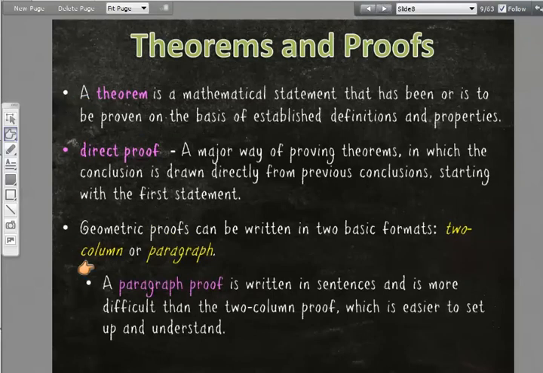A paragraph proof is written in sentences and is more difficult than the two-column proof, which is easier to set up and understand. That might be why we're doing two-column proofs instead of paragraph.